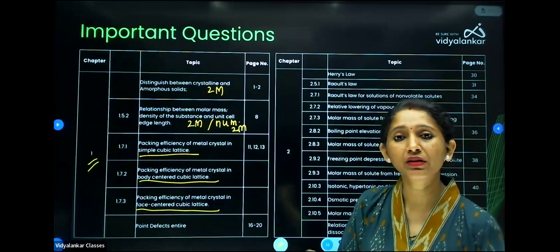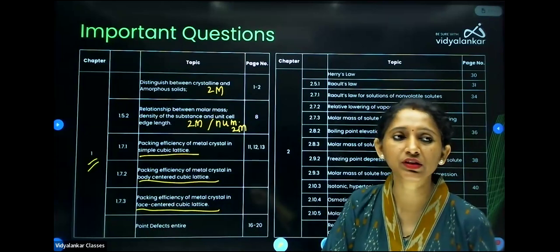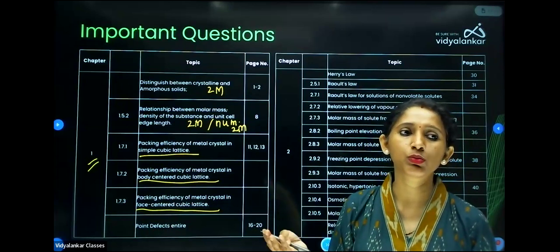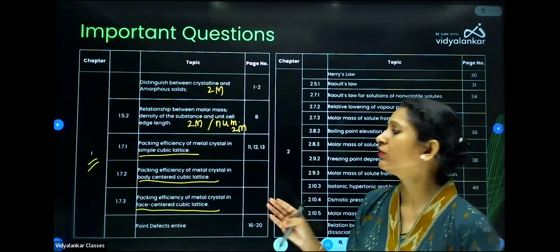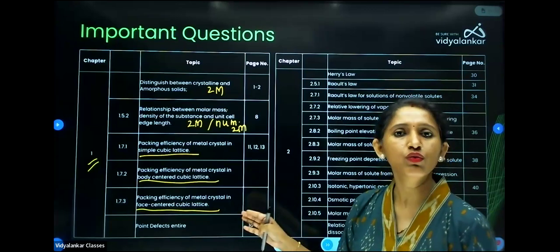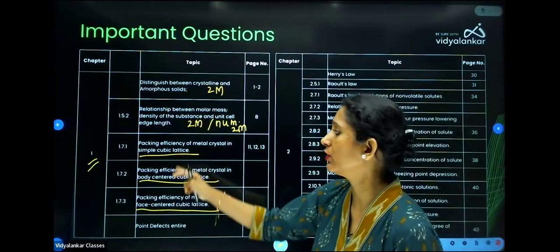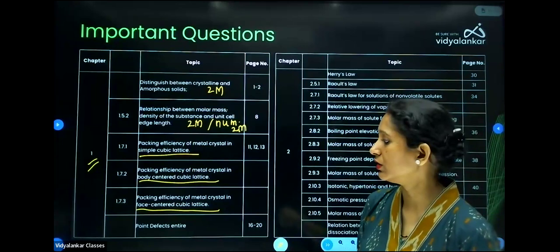Either you may be asked a 1 mark question, what is the packing efficiency for simple cubic lattice, body centered cubic lattice, face centered cubic lattice. Yeah, what are the voids for all these 3? So a 1 mark question or a 2 mark question can be asked on the topic which is there on the screen.